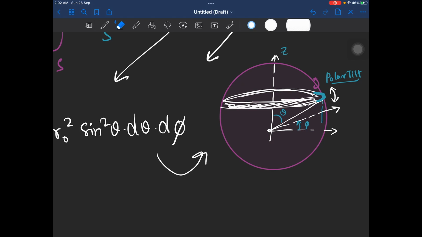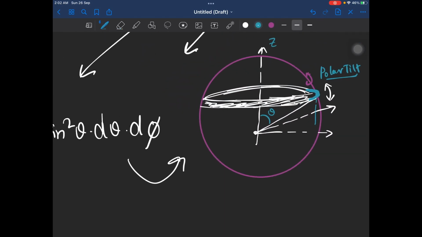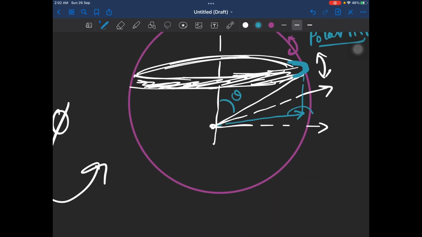So over the xy plane, this is an xy vector, which is r sin theta.